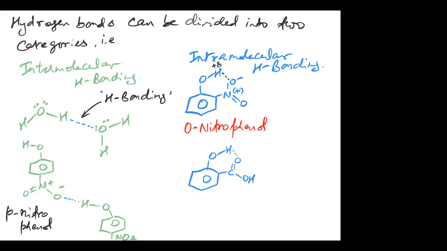So here, the common name of this compound is salicylic acid, and we have two different types of hydrogen bonding here. One is intermolecular hydrogen bonding, another is intramolecular hydrogen bonding. Hydrogen bonding can be divided mainly into two categories, intermolecular and intramolecular.